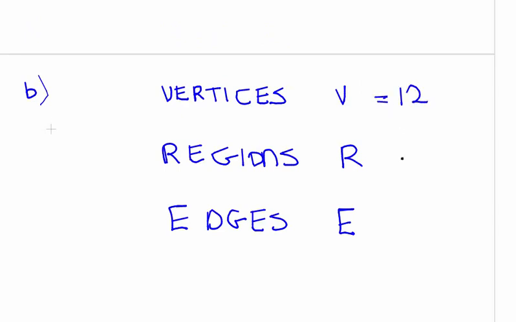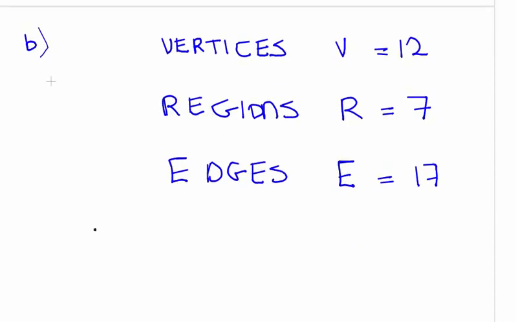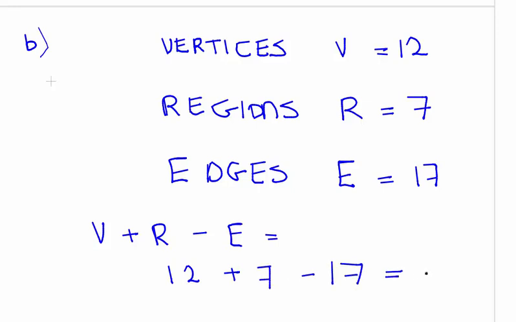V equals 12, R is equal to 7, and E is equal to 17. So V plus R minus E is equal to 12 plus 7 minus 17. That is equal to 19 minus 17, which is equal to 2, which is great. We'll do the next one now.